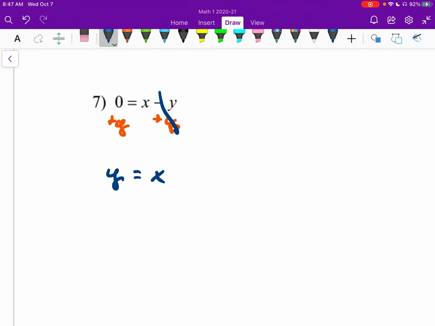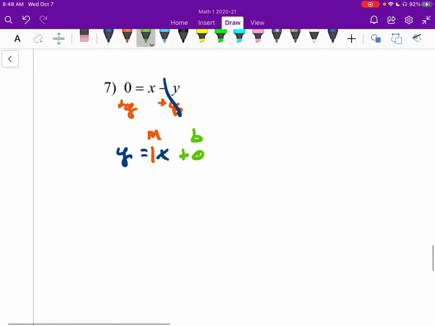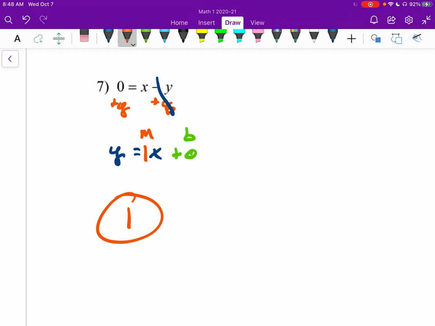This is actually called the parent function of a line. This is the most simple line that we can have, y equals x. So here's our 1, that's our m, and then plus 0, that's our b. So really quick, we can say our slope is 1. All right, that's number 7.